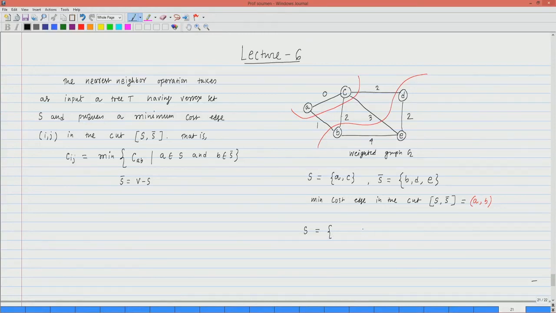Okay. So, similarly, if you take say another S equal to say for example CB, this is the second example. Then my S complement is equal to A, D and E, right.